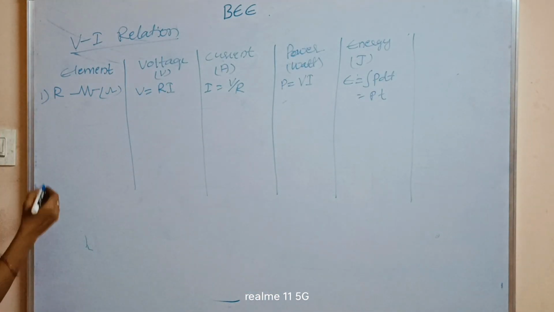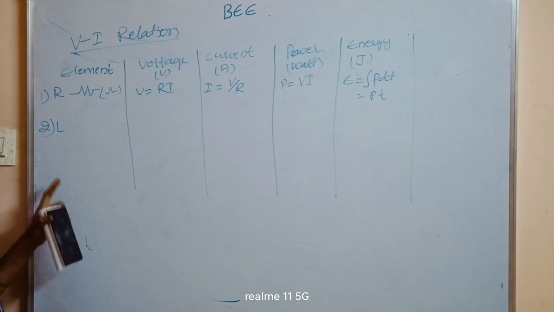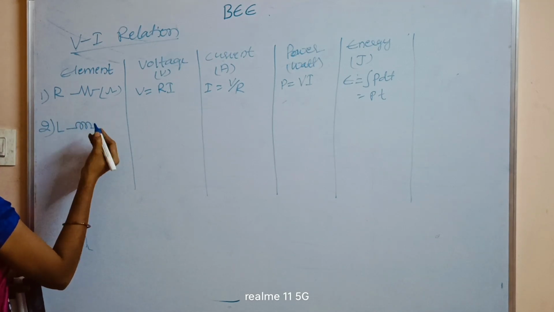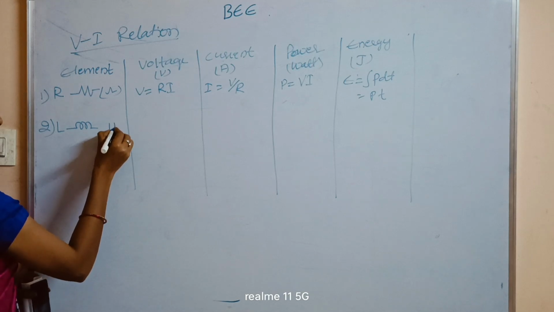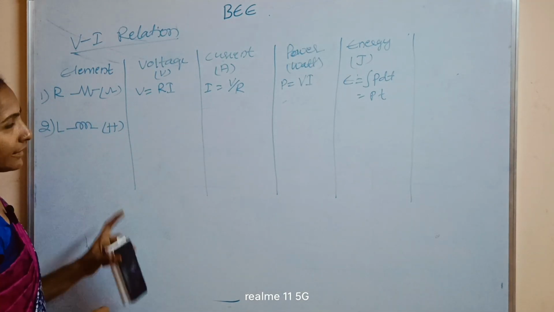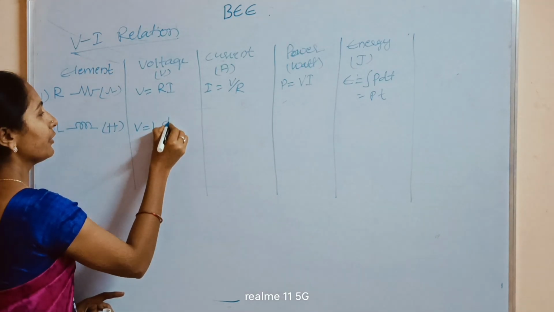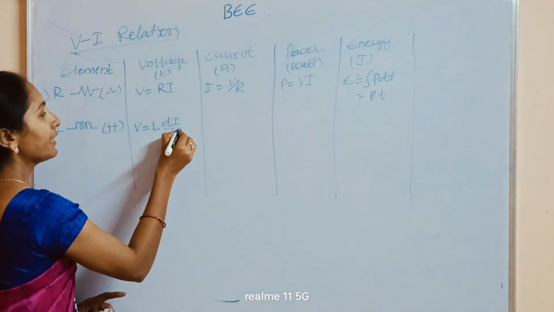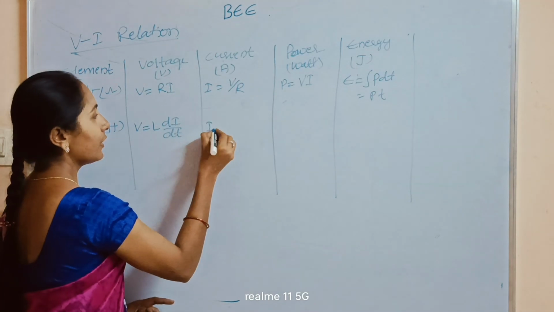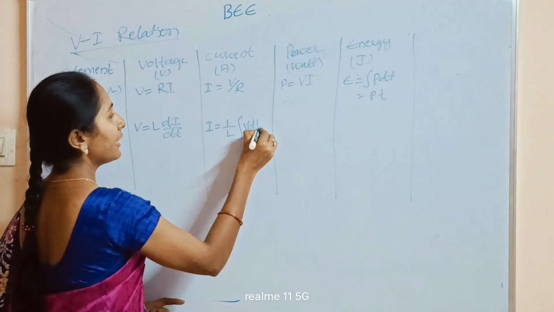Now coming to the second element, the inductor, represented with L. This is the symbol of an inductor, and the unit is Henry. For the inductor, the voltage is V equals L into di by dt. The current is I equals 1 by L into integration V dt.